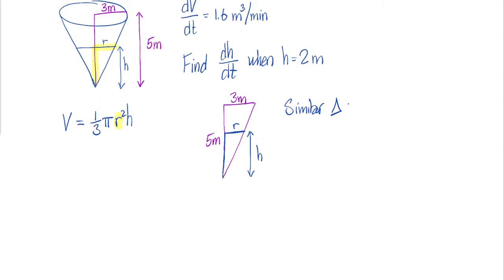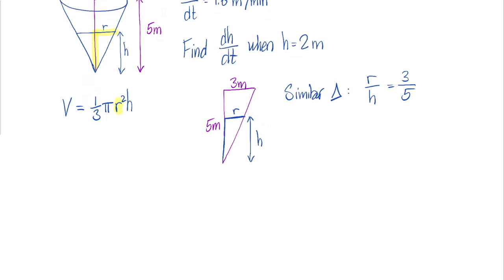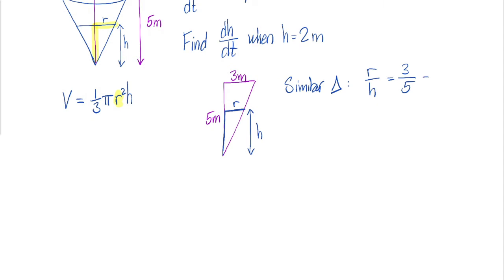And so we can write the ratio of the radius over height for the water level. That ratio has to be the same as the ratio of the radius of the entire cone over height. And now we can rearrange this expression here and isolate r. And if we do that, we're going to get r equals 3 over 5 times height.